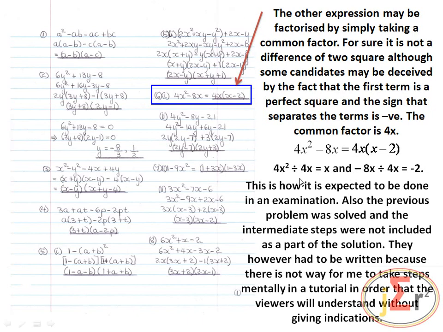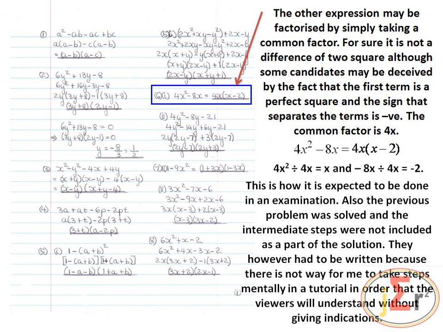But there's no way that I can demonstrate a mental process. I will actually have to put some physical representation of it, and that is what we will have in these tutorials. Sometimes we have the intermediate steps included to keep you reminded of what the intermediate steps should be.